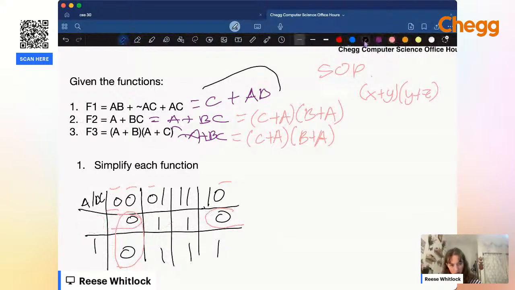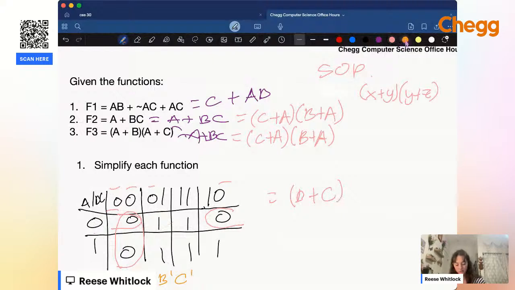And now we'll look at the common factors in our two rectangles. So for this first one, that is when B and C are false. So in sum of products, we invert those. So we're going to do B is true or C is true.